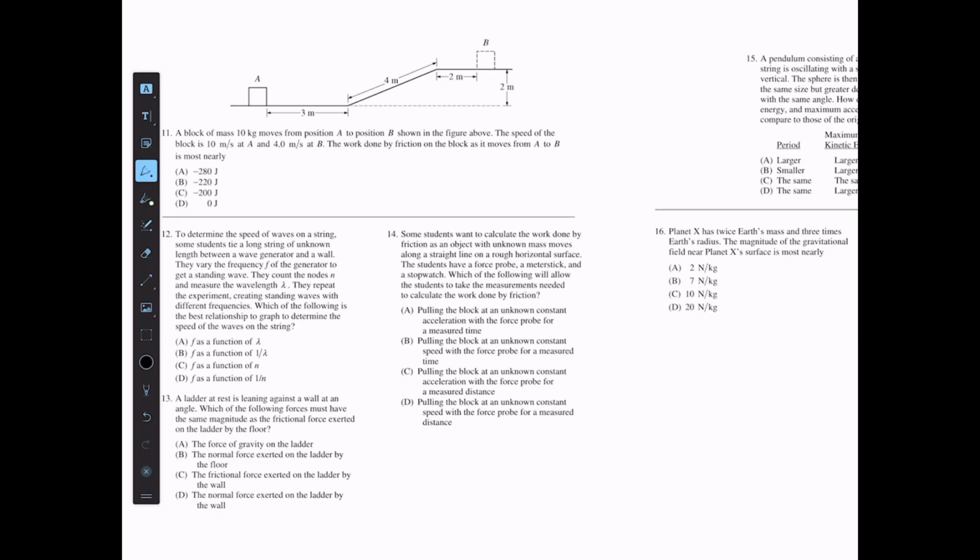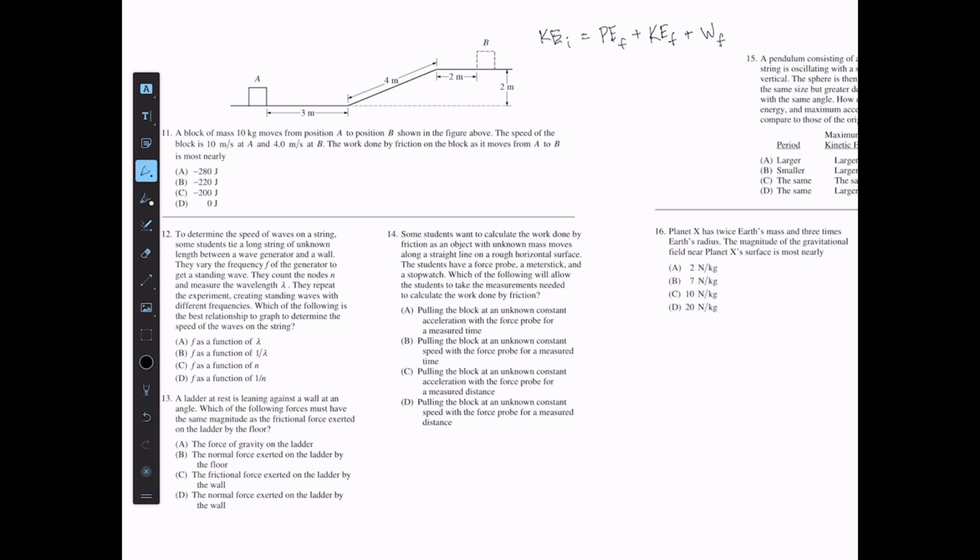Initially there's some kinetic energy, and then at the end there's some gravitational potential energy, and also some kinetic energy because it's moving at B, plus the work done by friction.